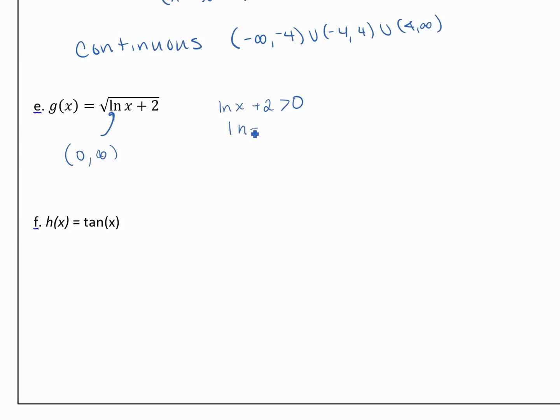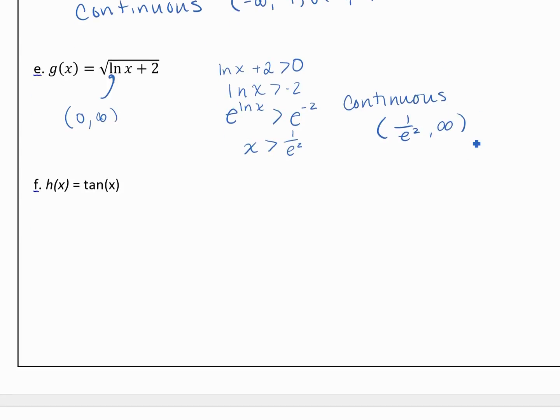Well, that happens when natural log of x is greater than negative 2. Now, to solve that, we're going to take e raised to both sides. So we would have when x is greater than 1 over e squared. Now, 1 over e squared is bigger than 0, so that kind of limits what we have. We'd be continuous from 1 over e squared up to infinity.